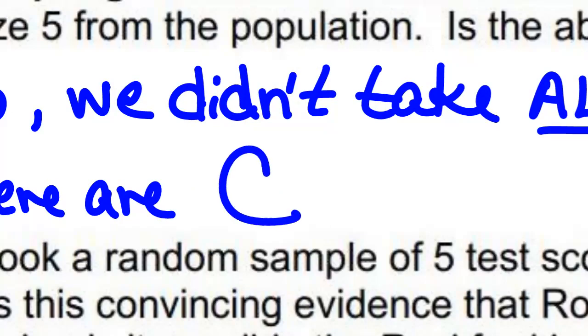So what would I put in front of the C? 68? 21. We'd put 21 because we had 21 scores to pick from. And we chose how many? We chose 5 each.